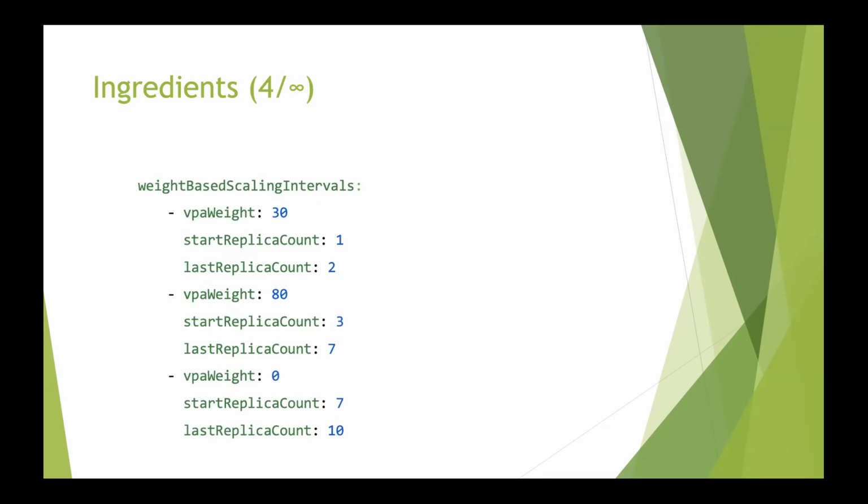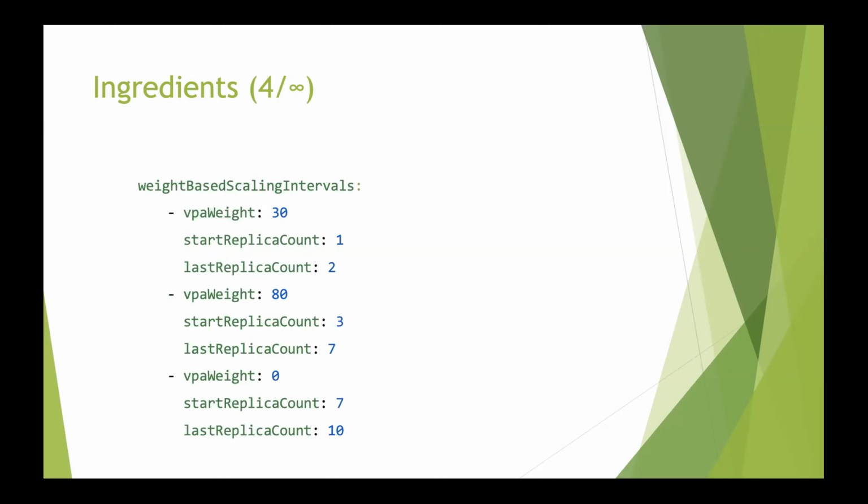So let's move to the next interesting part of the spec, which is weight-based scaling intervals. What a user can specify is how much weightage it wants to give to any of the recommendations. For example, in the first part, we see that the start replica count and last replica count are 1 to 2.